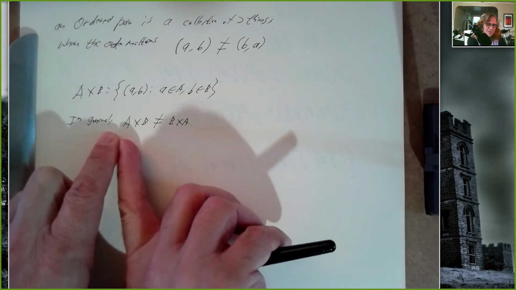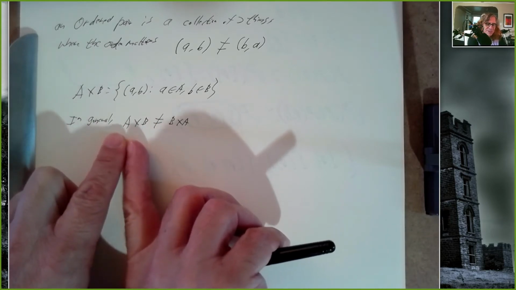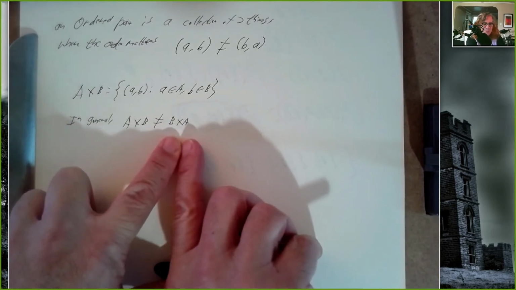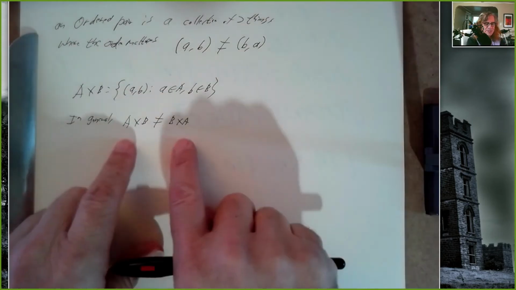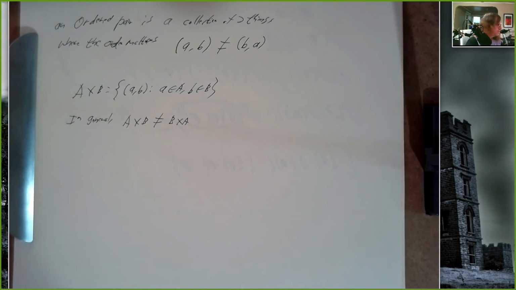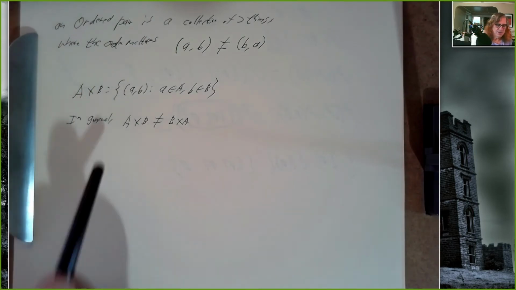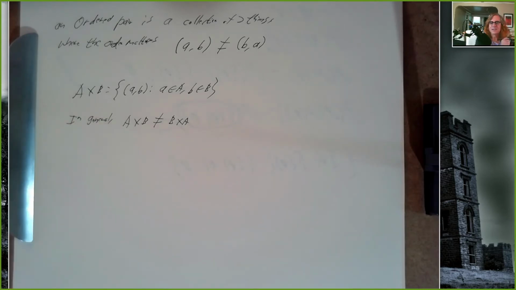And so this will be number comma animal, number comma animal. This will be animal comma number, animal comma number. Right? They're not going to be equal. And if the elements aren't the same in these two sets, the sets aren't equal.